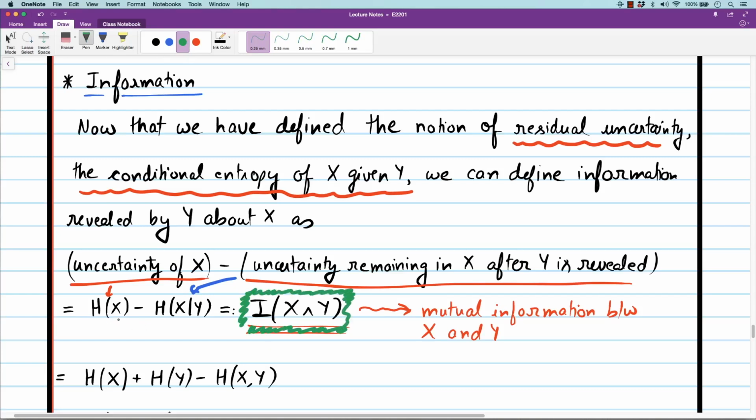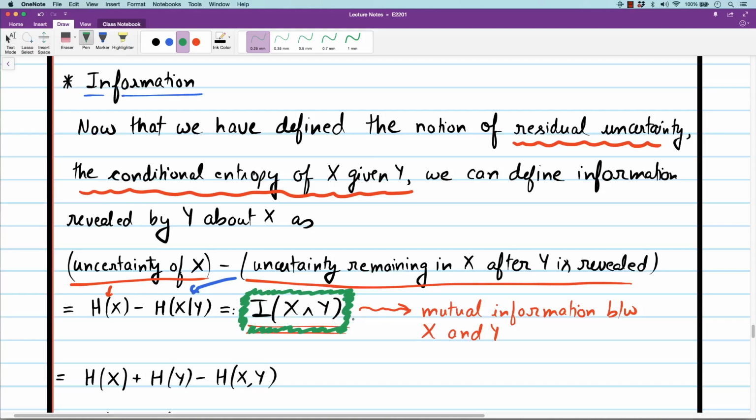So we had justified H(X) as a measure of uncertainty. We haven't really justified H(X given Y) as a measure of remaining uncertainty, but let's just believe this formula for now. If you believe this formula, then from this postulate that information is reduction in uncertainty, we get this measure of information about x revealed by y.